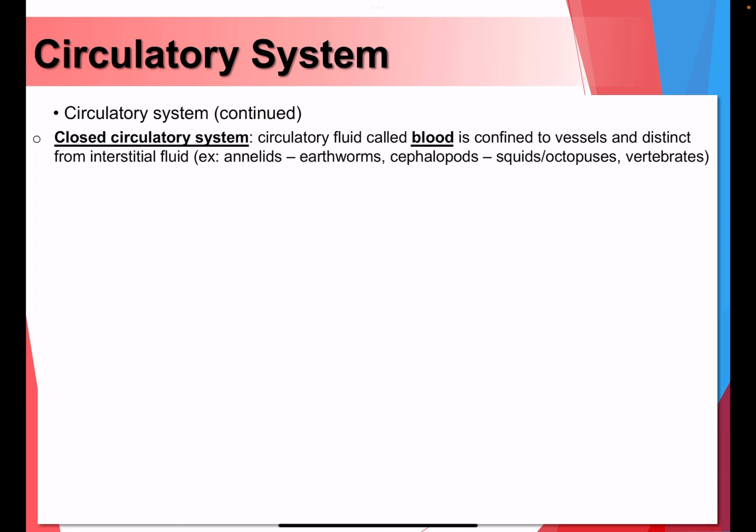All right. So on the opposite side of the open circulatory system is then a closed circulatory system, where the circulatory fluid is now not called hemolymph, but it's called blood. And blood is then confined to blood vessels of some sort, and they are distinctly different, okay? Distinct or completely different from the interstitial fluid.